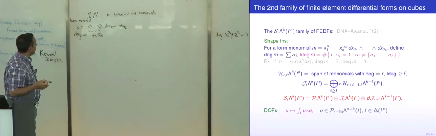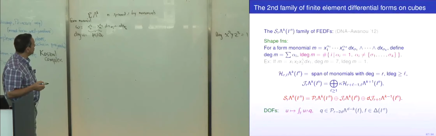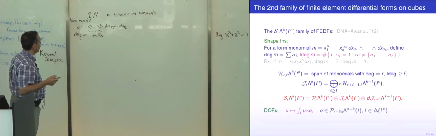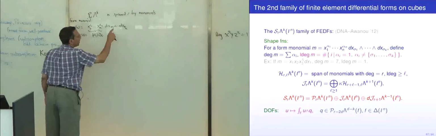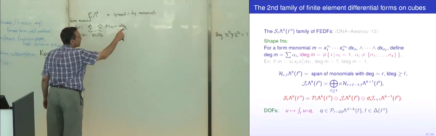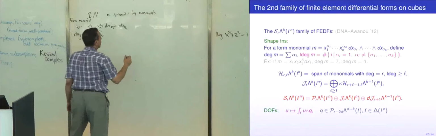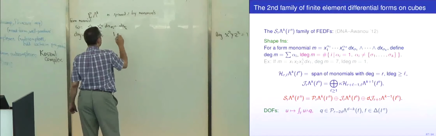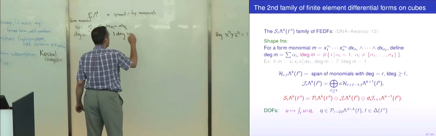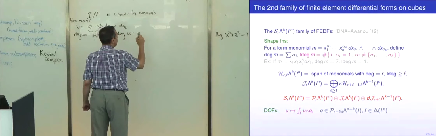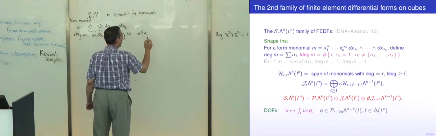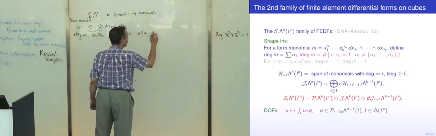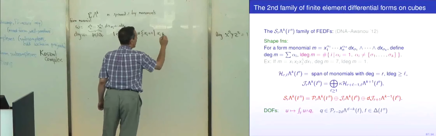But for form monomials, the definition of linear degree is a little more complicated. You don't count the variables that occur among the sigmas. So L degree of omega is the number of alpha i that are equal to 1, such that i is not one of the sigmas.